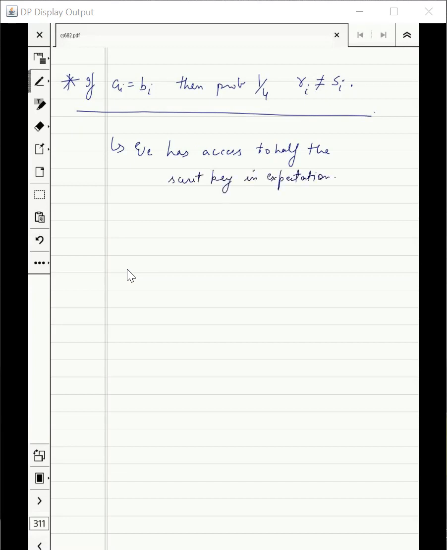And in future, whenever you want to send your secret message, she can recover a lot of it. Right? So our problem in this sense is to detect that Eve has manipulated the channel.